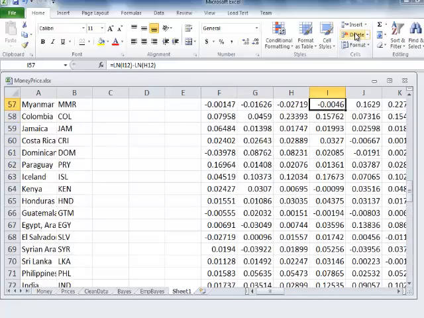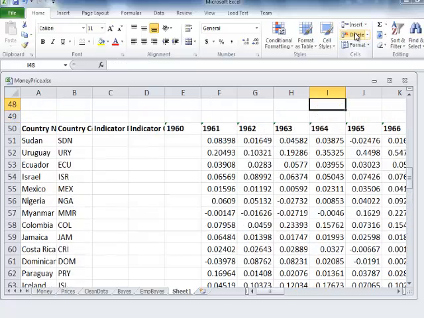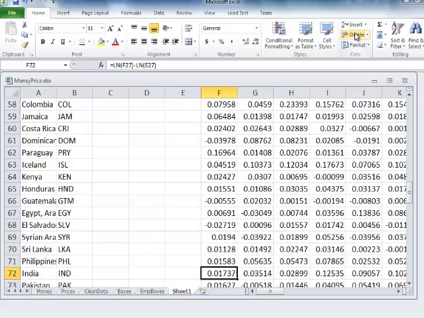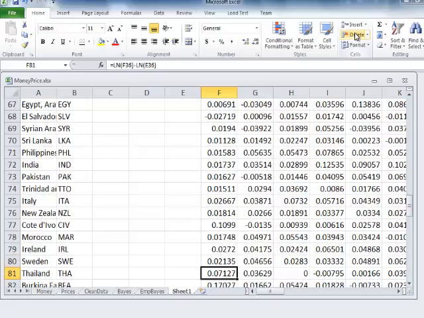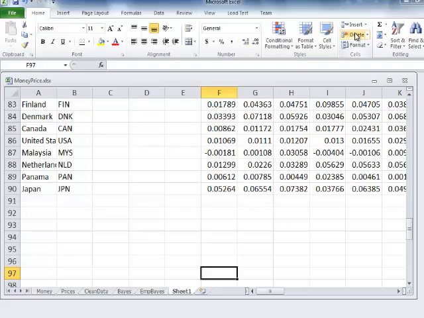There is another way to also work with this. We are thinking of countries as being IID, that is, each time series as being IID. It's also possible to look at the cross section, and that would be a different analysis, and for some data sets that will be the better analysis.